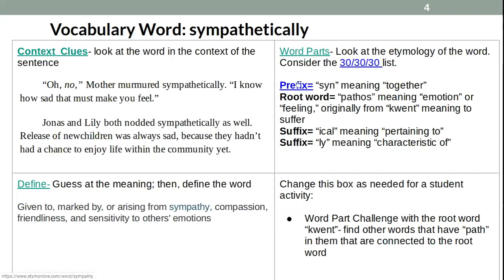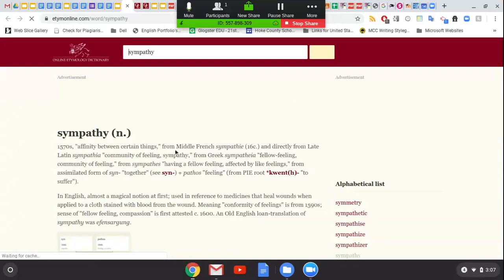So if I looked up the word on Etymology Online, I could see how the word is broken down. You really have to do this.